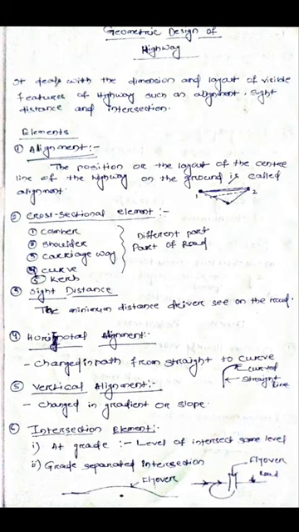Then the sixth element is intersection. Intersections are of two types: at grade, and grade separated intersection. At grade means the intersecting roads are at the same level.